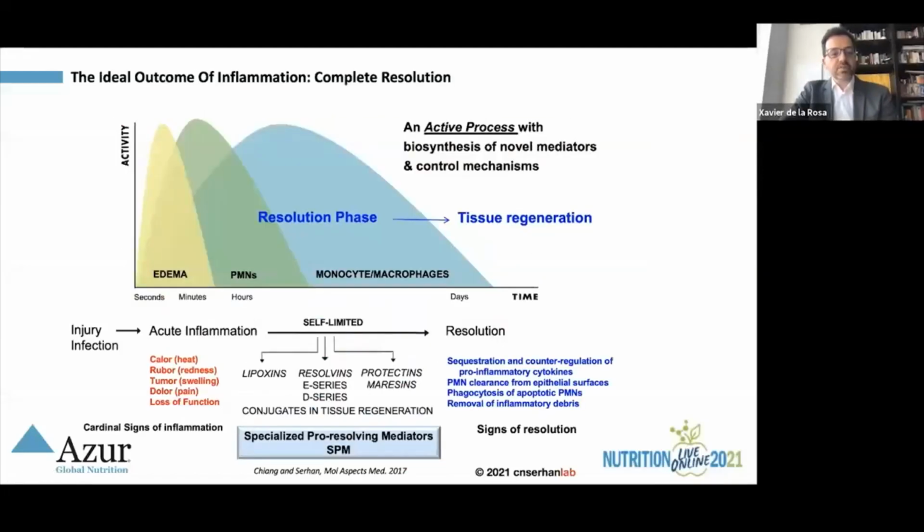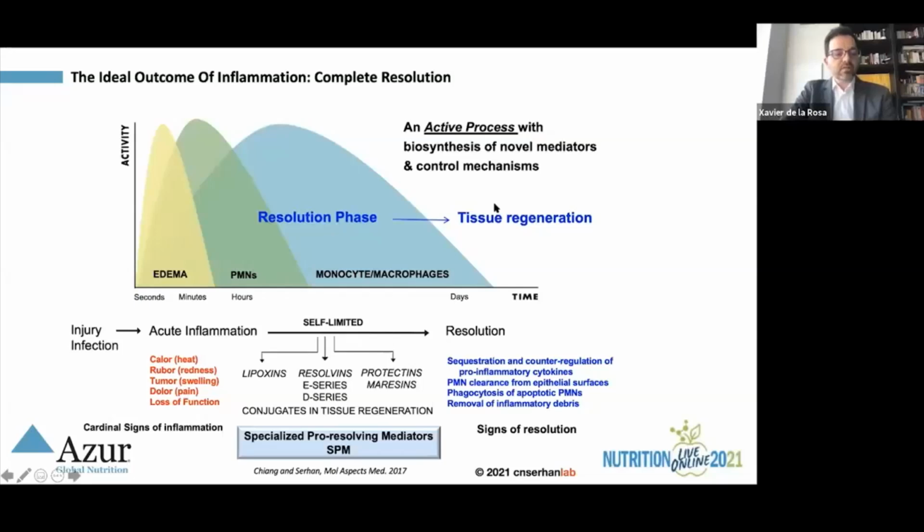This graph shows a typical self-limited acute inflammatory response time course. From the left, after an injury or infection, there is edema formation followed by a rapid infiltration of neutrophils that will become apoptotic, and then infiltrating monocytes and macrophages, shown here in blue, will clear these apoptotic neutrophils, leading to resolution.